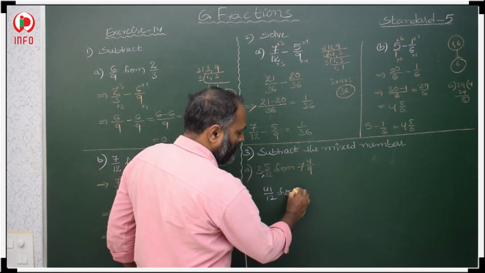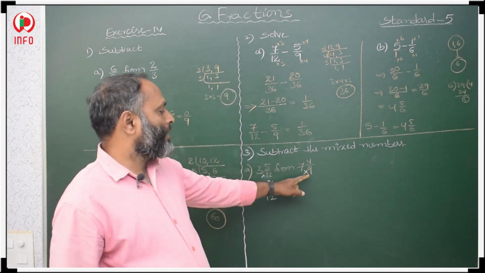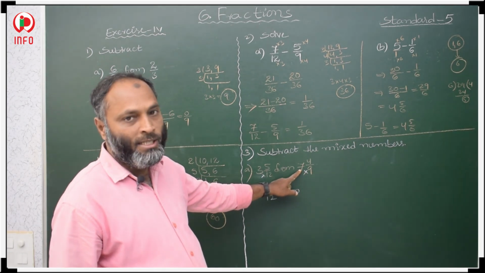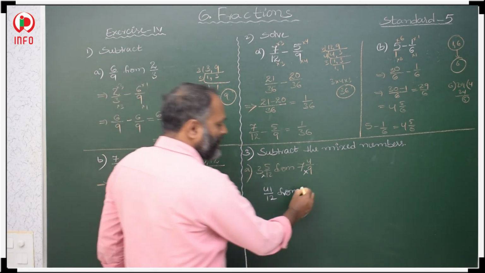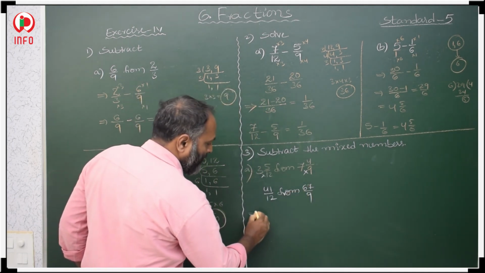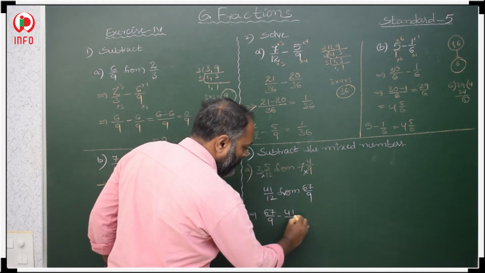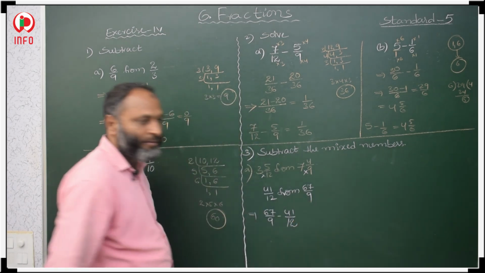From, we have to multiply these two. 9 7s are 63, 63 plus 4, 67. It means first we have to write the from number, 67 by 9 minus 41 by 12.